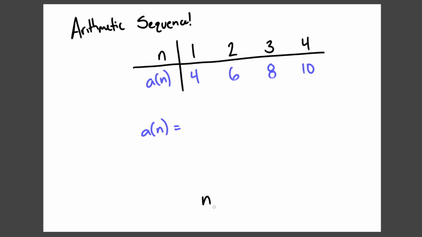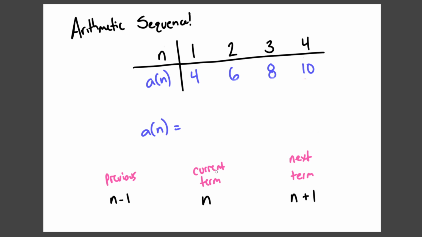You have n, you have n plus 1, and you have n minus 1. Regular old n is what's called your current term. N plus 1 is your next term. And n minus 1 is your previous term.